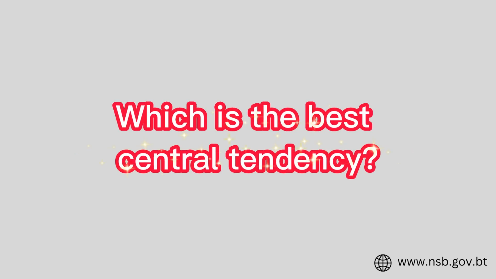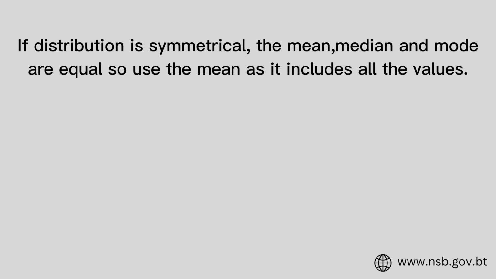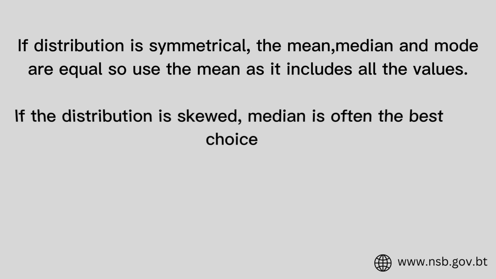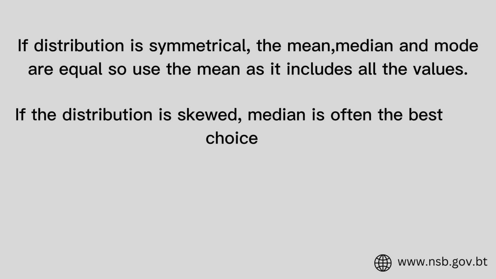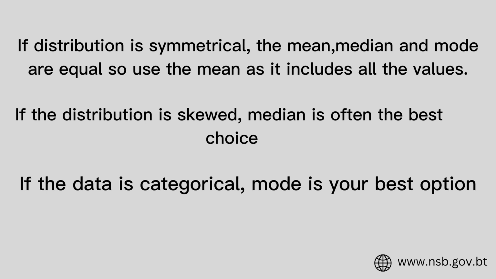Is it the mean, median, or mode? If the distribution is symmetrical for continuous data, the mean, median, and mode are equal. In this case, use mean because it includes all of the data in the calculations. If the distribution is skewed, median is often the best choice, and if the data is categorical, mode is the best choice of measure of central tendency.